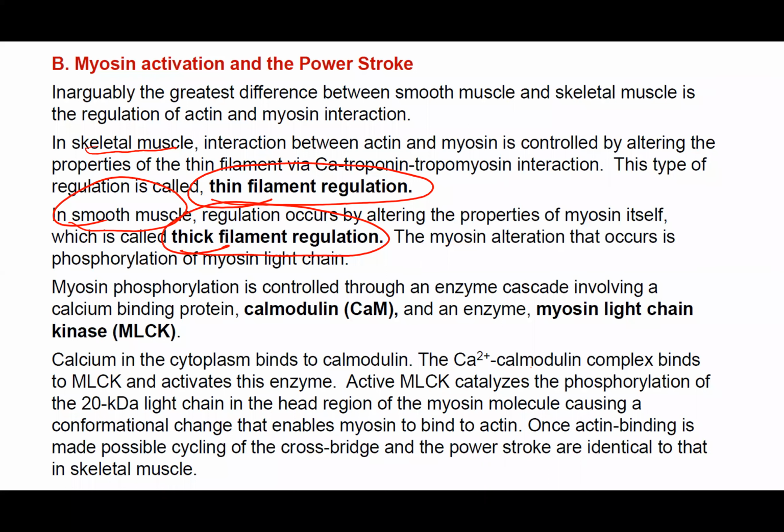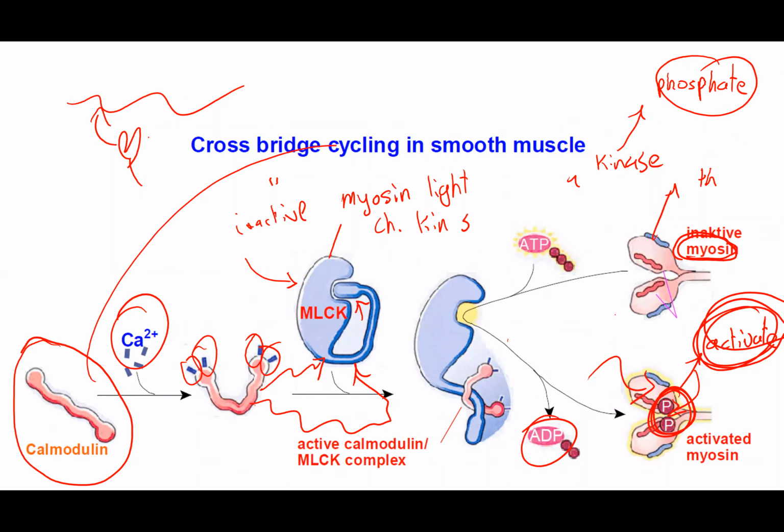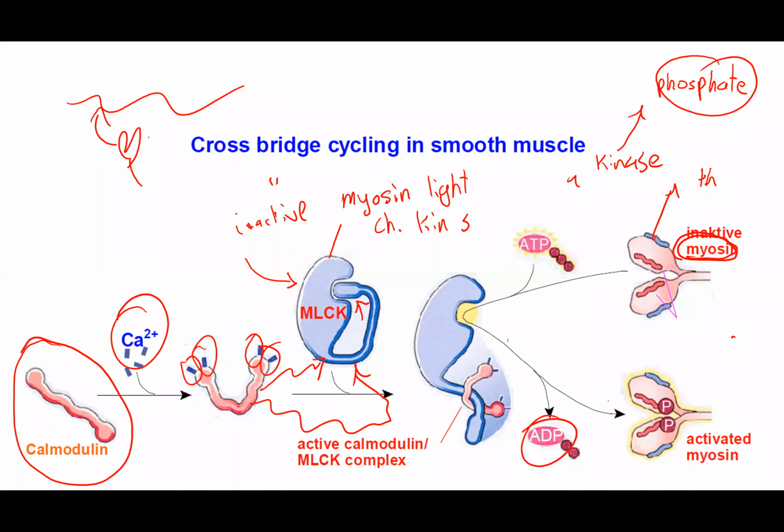How's it getting regulated? It's regulated through the myosin alteration, which occurs through the phosphorylation. And this phosphorylation happens by the whole cascade we just discussed earlier. So this whole thing happens in order to activate the myosin head. This all happens to get this guy activated.